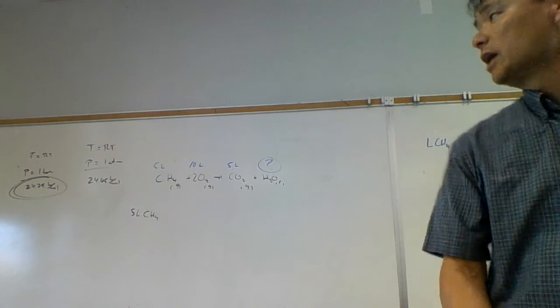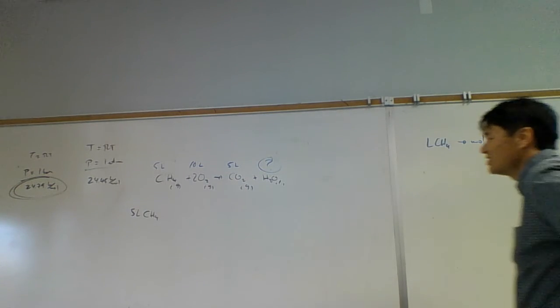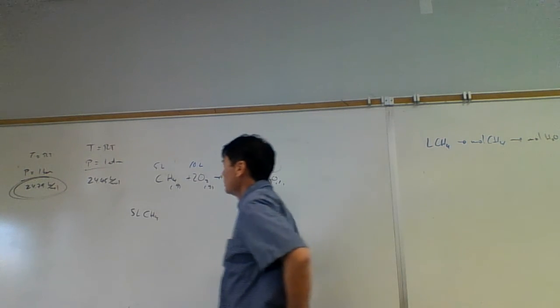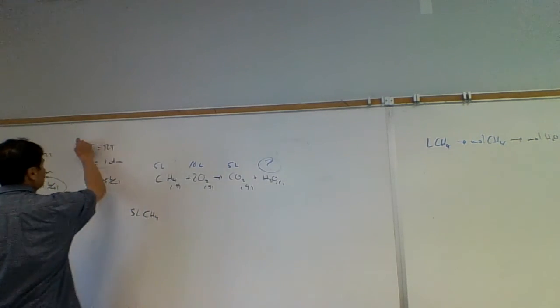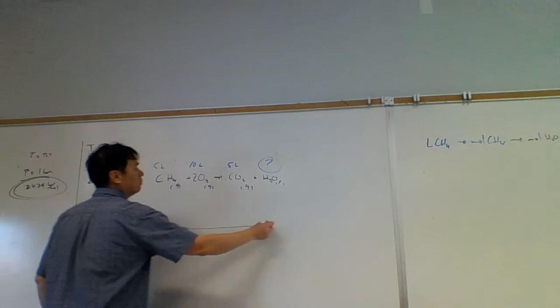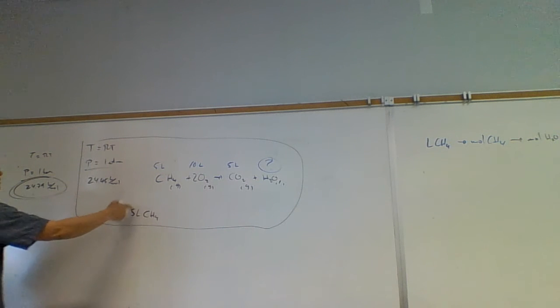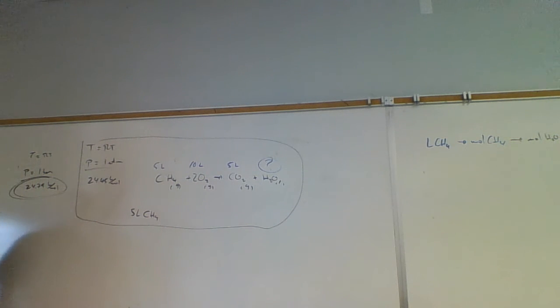So we could figure it out. Well, it depends on what conditions we're doing it under. Well, the original conditions were this. But if I use this, it would be exactly the same thing, 5 liters, 10 liters, 5 liters.